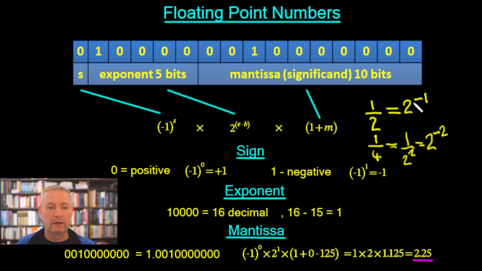It all works out a lot better. So we still maintain a large range, but we get a nice precision down at the lower values. And these were design choices when the IEEE 754 system was first developed.